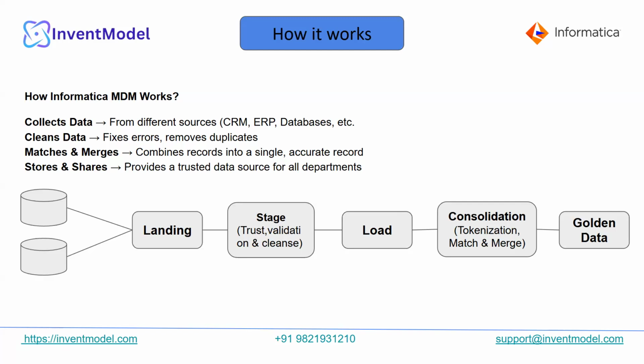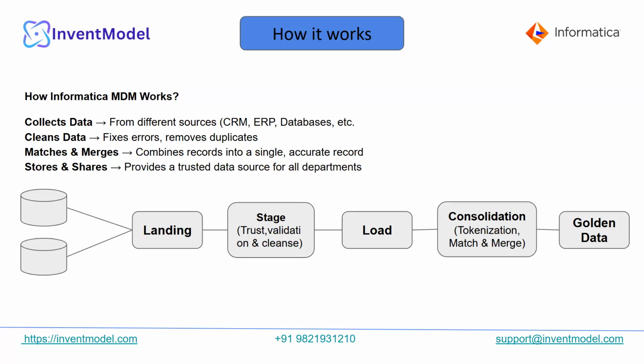After that, once we have data in the landing zone, we can start our stage process. In the stage process, we load the data into the staging area where we apply certain rules like trust and validations, and we also remove some errors using the cleanse functions, so that it ensures the data is clean and accurate.